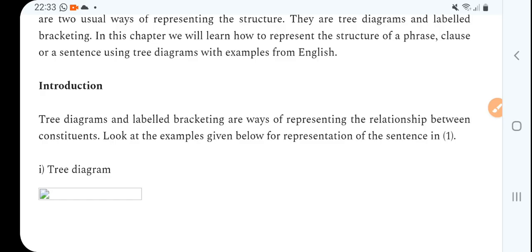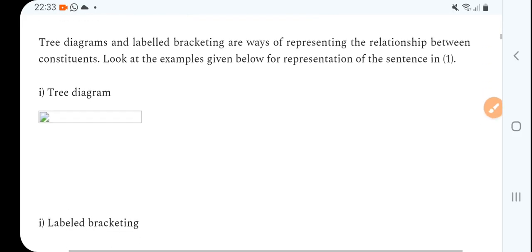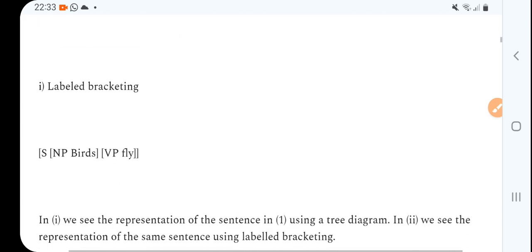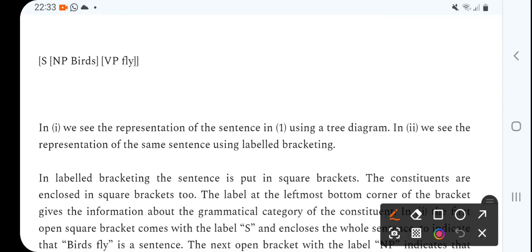So let us start with the first one. Tree diagram and labeled bracketing are ways of representing the relationship between constituents. Here the tree diagram is not opening; I tried many times. I don't know what the problem is, so let us leave that. But yes, that is birds fly.